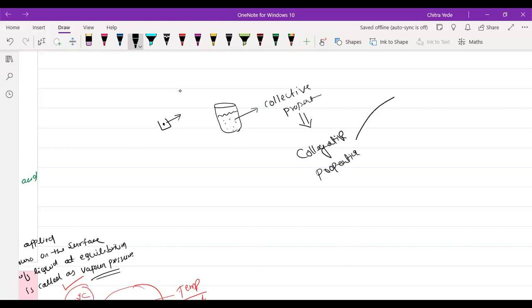First colligative property we have is lowering of vapor pressure. Then we have elevation in boiling point, then depression in freezing point, and last but not the least, osmotic pressure.